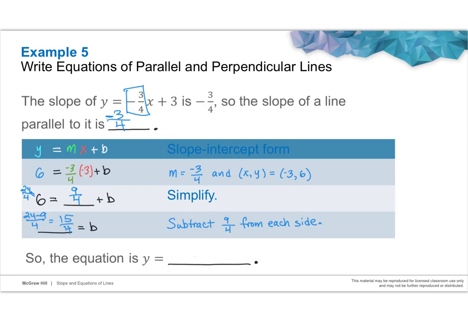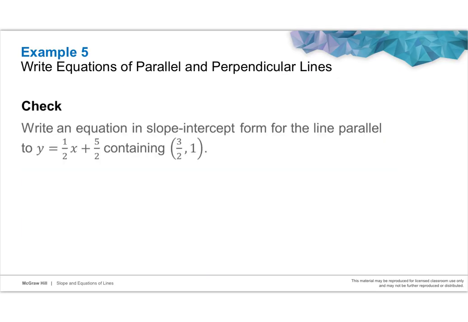So my equation in slope-intercept form is going to be y equals -3/4 x plus 15/4: same slope, but a new b value, 15/4.